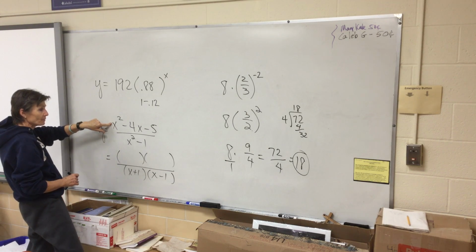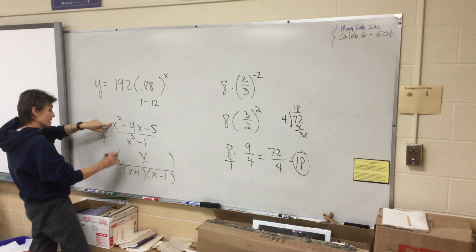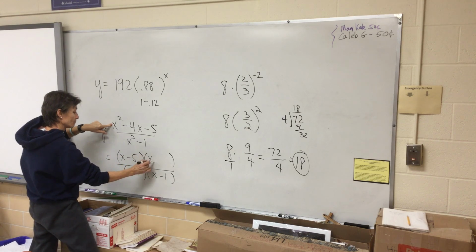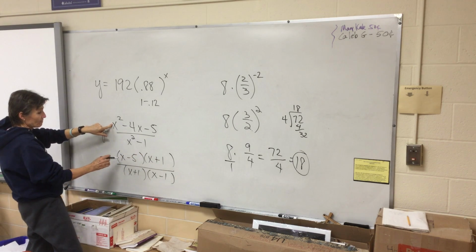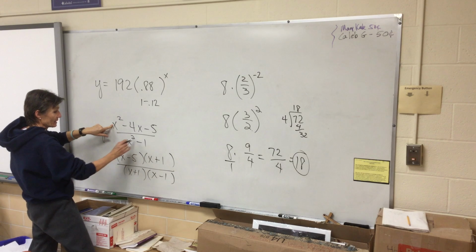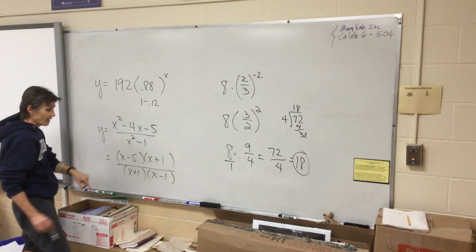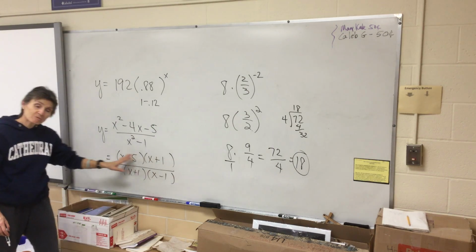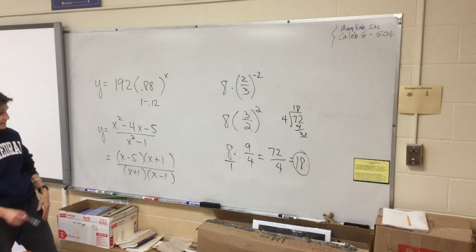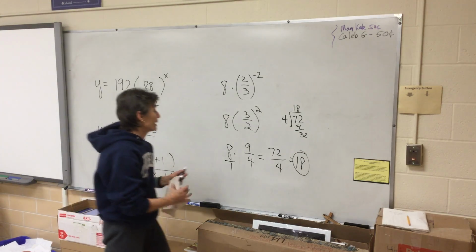The top, let's see. If I multiply this together, I'm going to get a positive x and a negative 5x and a negative 5. Just did a quick double check of my factoring, foiling it to make sure I got it right.